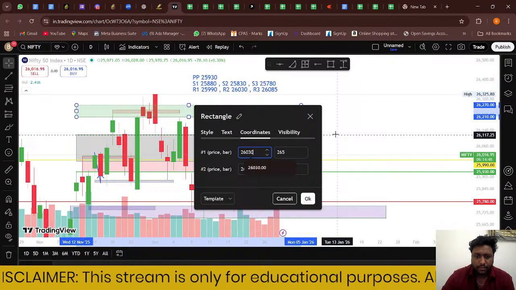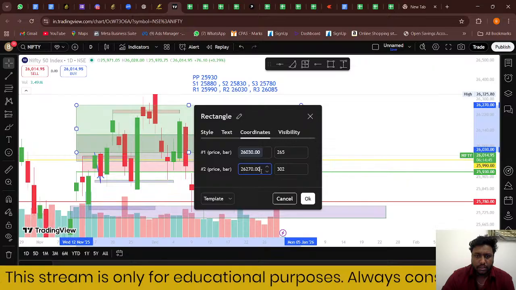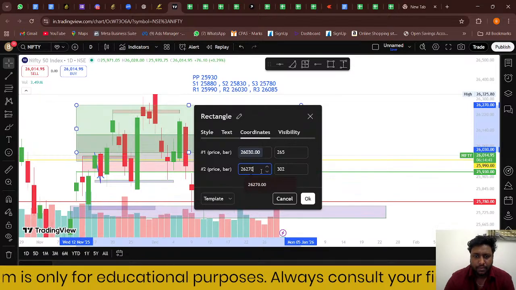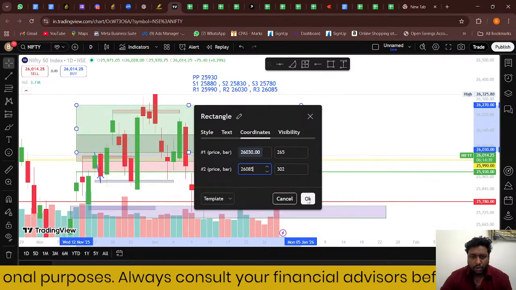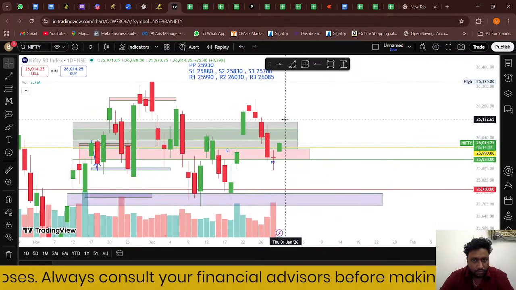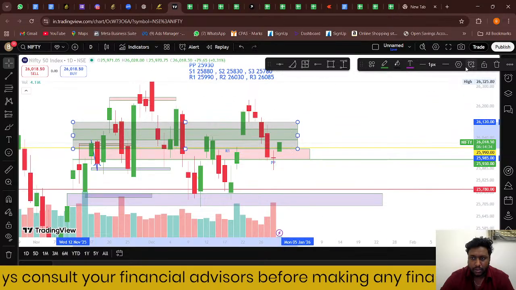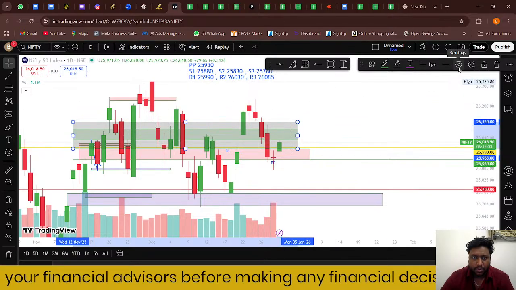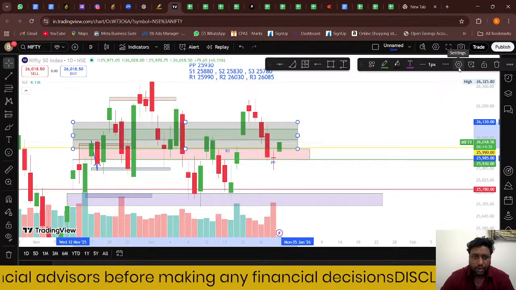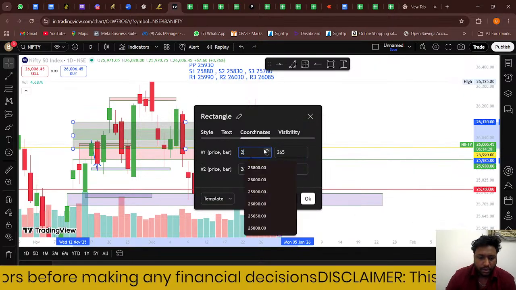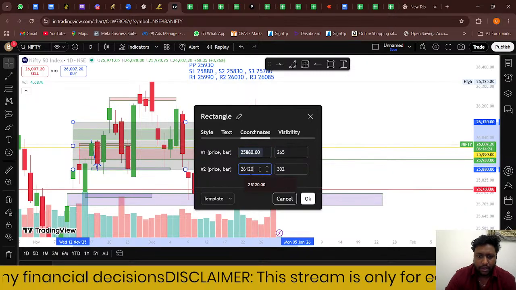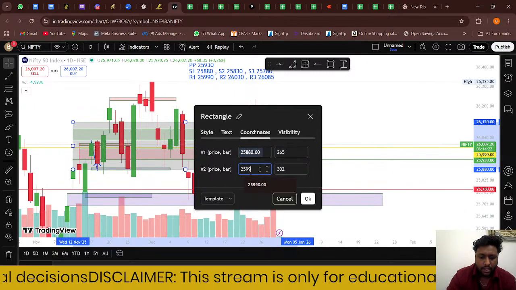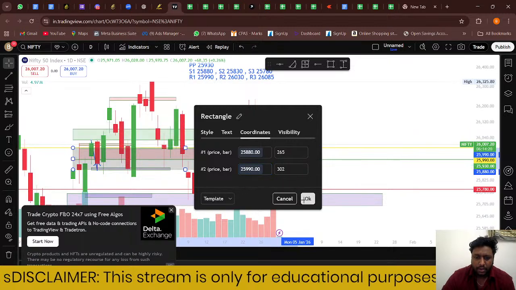26,030 and between 26,085, we have a close range for the day. With respect to the consolidation part, if we see support 1 and resistance 1, 25,880 and 25,990 will be the consolidation zone.